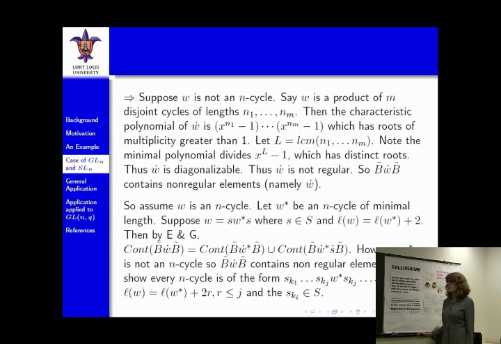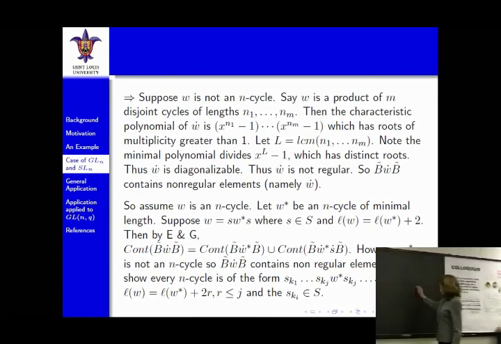Then we may be able to write W this way. Let's assume we can for now. And suppose the length goes up by 2. Then by the proposition I stated, the content here will be the content of this union the content of this. If you take an n cycle, just to do a simple one, and you multiply it by, say, one of the SI, so they are all 2, 3.